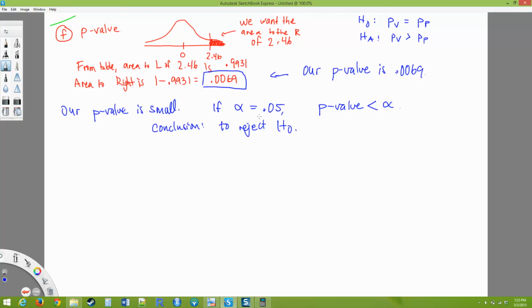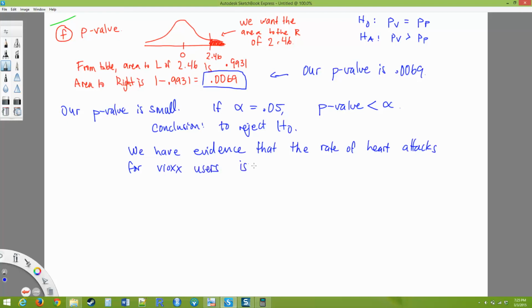Okay? So if we've rejected the null, that means we have evidence that the rate of heart attacks for Vioxx users is not the same as the rate of heart attacks for placebo users.